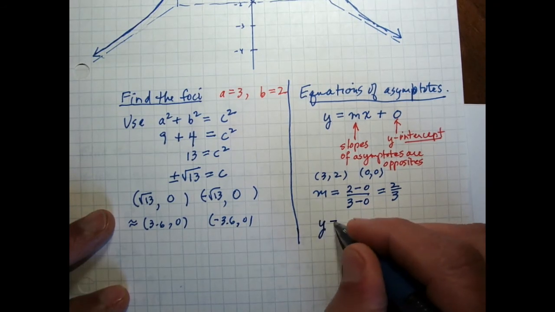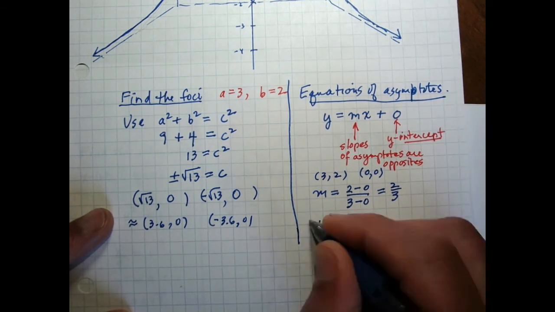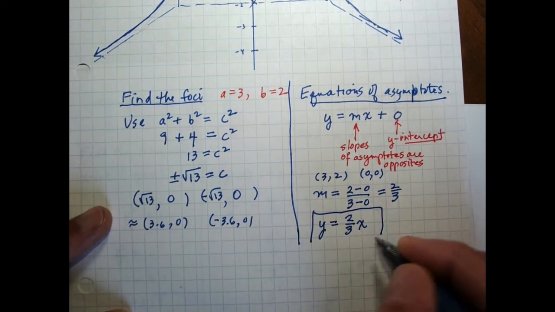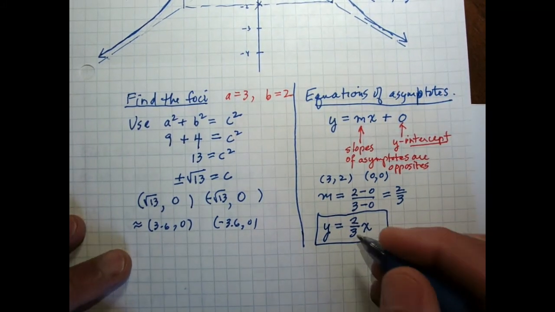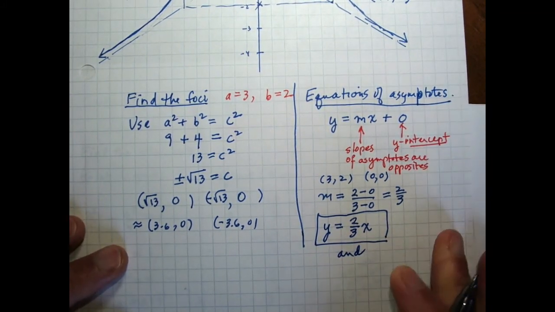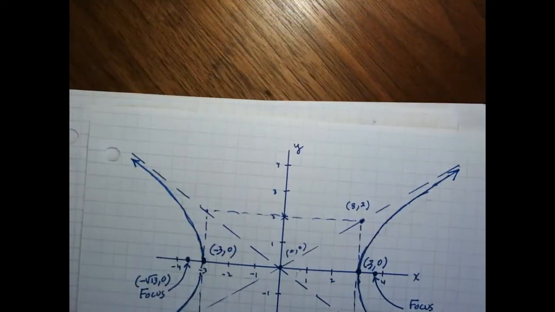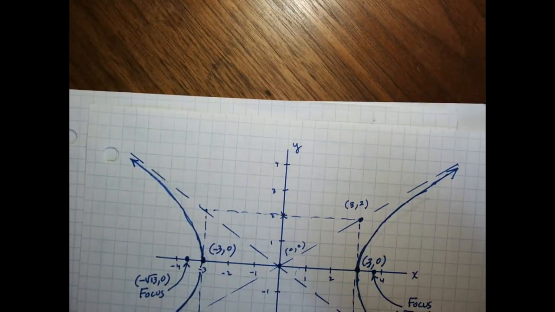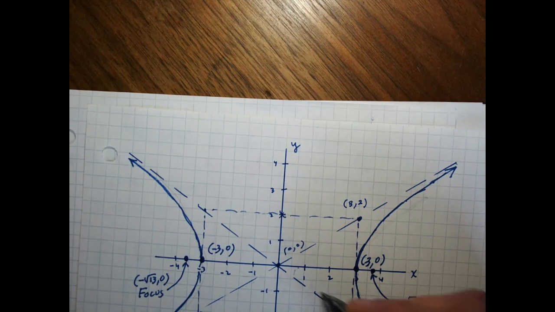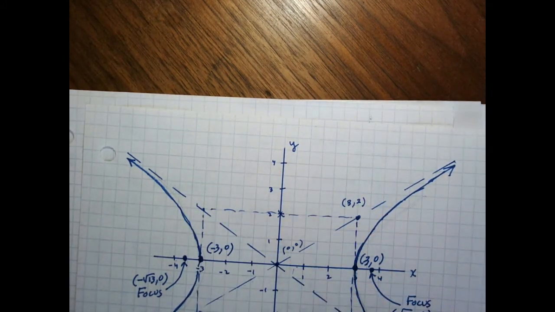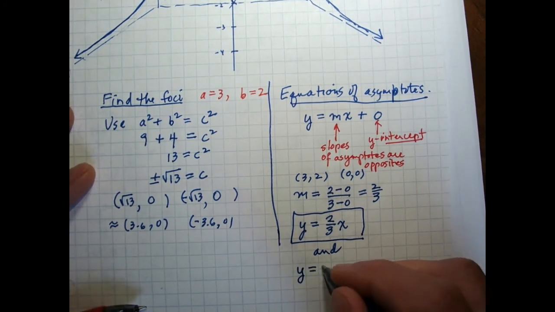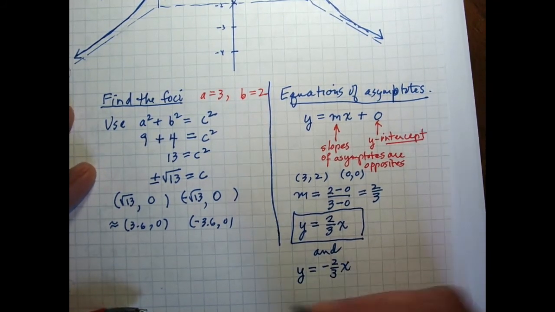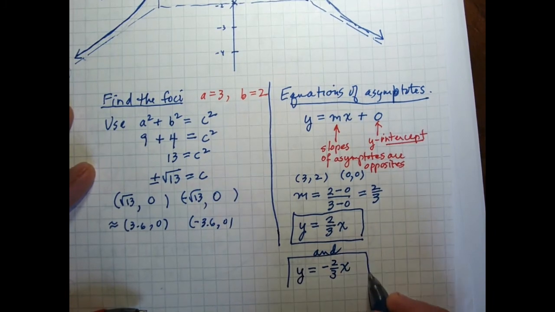So one of the asymptotes is y equals 2/3 x. I don't have to write the plus 0, because the y-intercept is 0. And the other asymptote going in this direction, you can calculate the slope separately if you want, but you don't have to. It's always going to have the opposite slope. So the other equation is y equals negative 2/3 x, and it also has y-intercept 0.